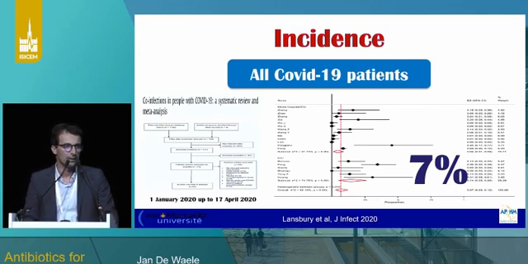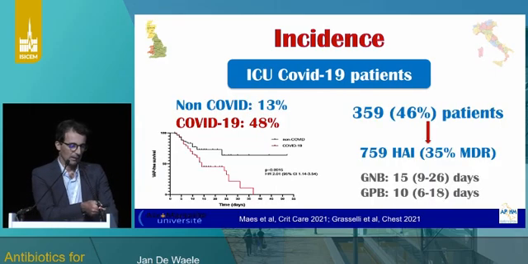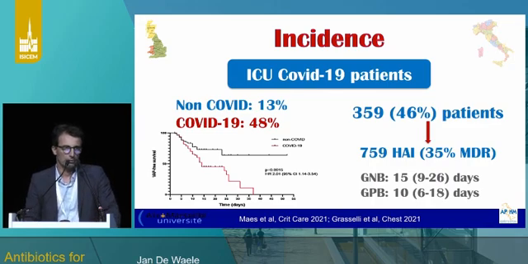It's pretty low. But that's not ICU patients, that's just hospital patients without severity. In ICU, most studies find the same rate, around 50% of bacterial co-infection in our patients.